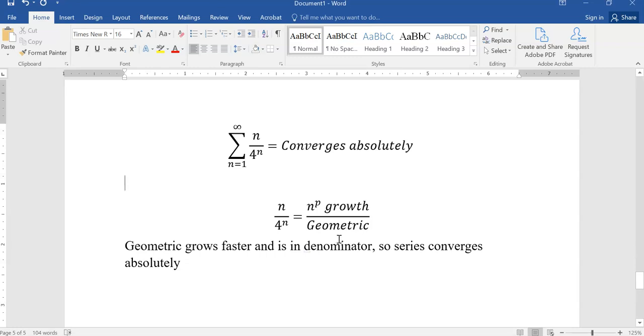The ratio test is comparing different types of growth. Again, n to the p and n to the p are the same type of growth, but n to the p and geometric are different types of growth. And the geometric is going to dominate. It's in the denominator, so the whole thing has to go to 0 pretty quickly.